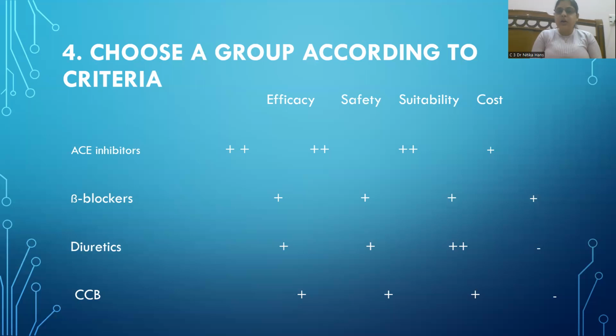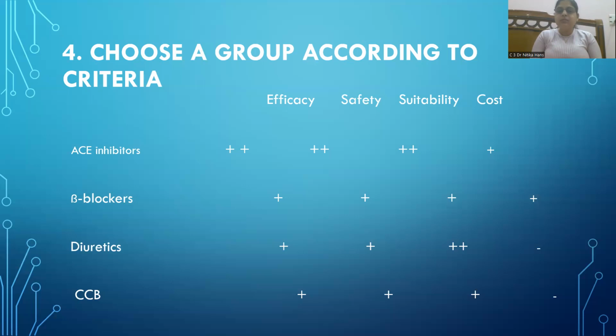Diuretics, on the other hand, are no longer the drug of choice because they are less efficacious. They are safer, but they cause hypokalemia, hyponatremia, and metabolic abnormalities. They are suitable, and cost-wise, they are costly.